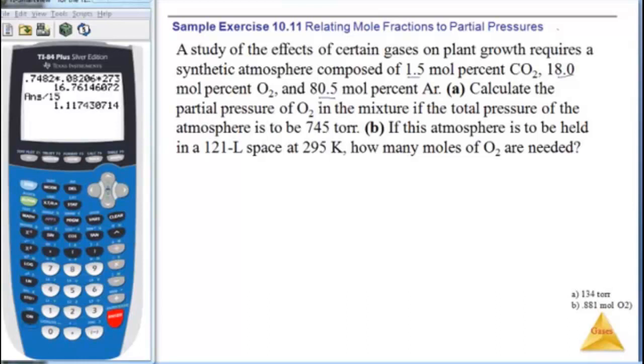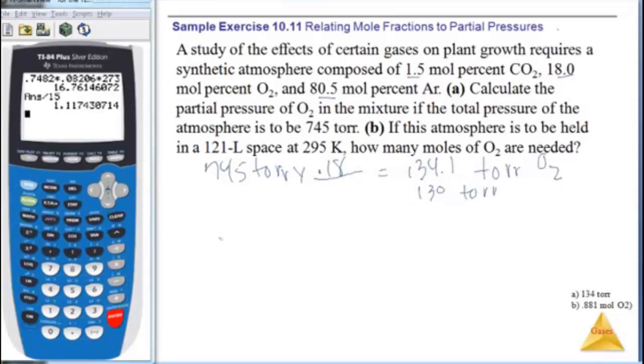So partial pressure of oxygen is going to be the total pressure, which is 745 torr, multiplied by oxygen's 18%, so 0.18. And when I do that, I get 134.1 torr of oxygen. So, looks like 2 sig figs. So I'm going to call it 130 torr.